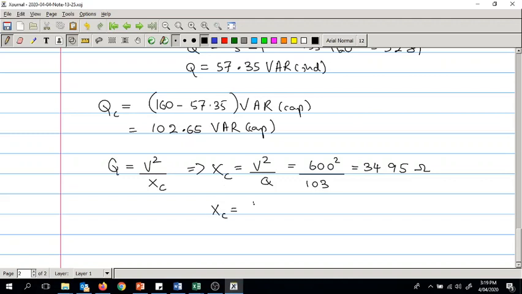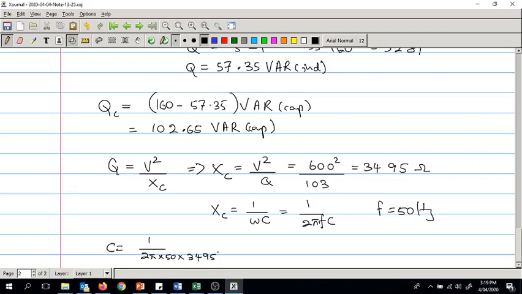So what about C? XC is equal to 1 over omega C, or 1 over 2 pi FC, right? F is equal to 50 hertz. So C is equal to 1 over 2 pi into 50 into XC, that is 3495.